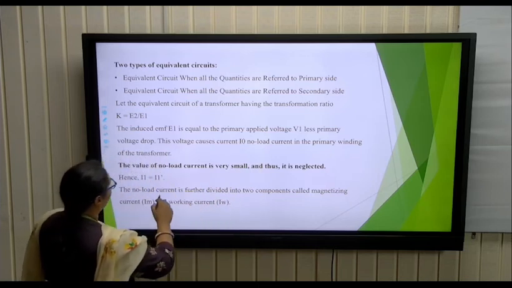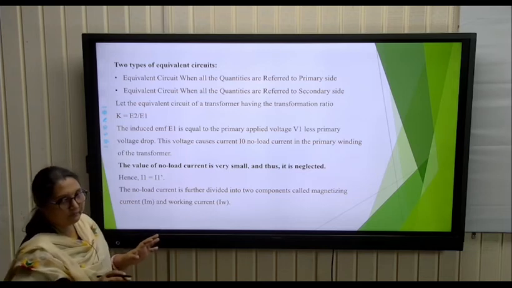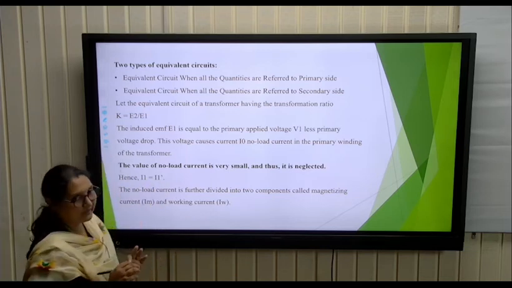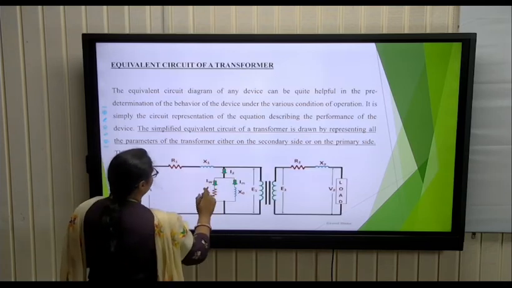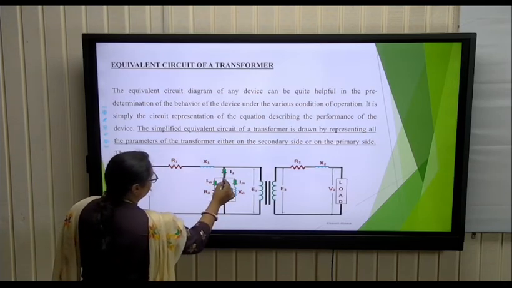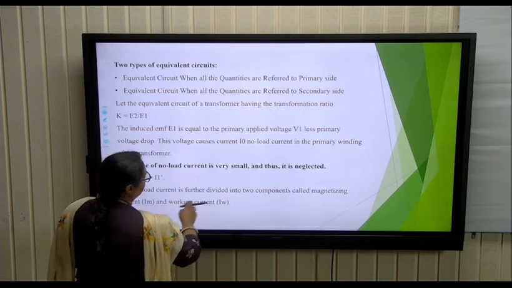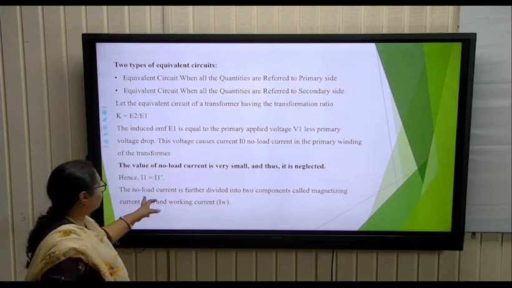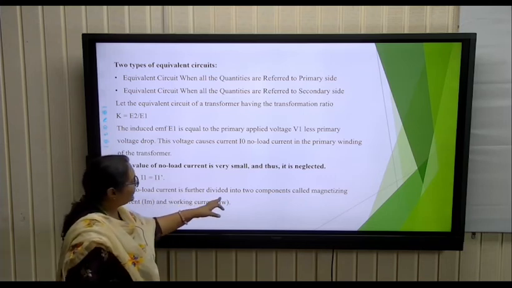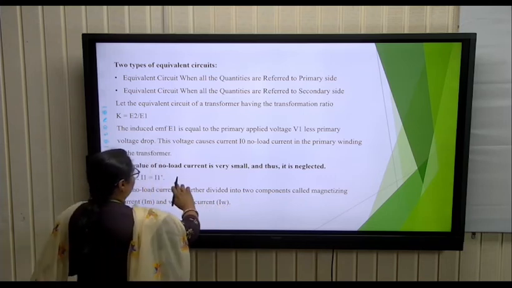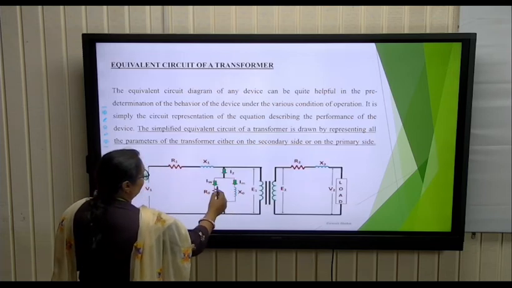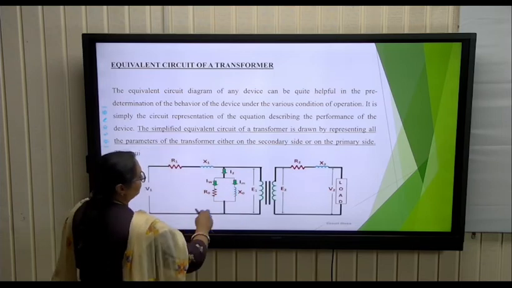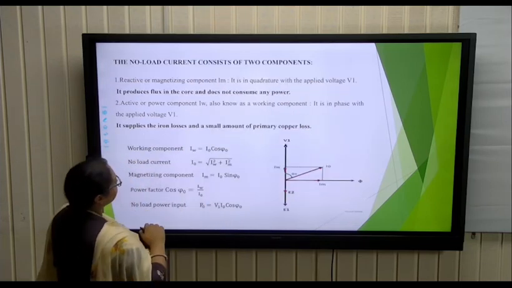So this no load current is generally very small and can be neglected, so I can write I1 is equal to I1 dash on this primary side. Here I can neglect this part, so I get I1 is equal to I1 dash, and this is the no load current, which is further divided into two components as you have seen here: the working flux component and the magnetizing flux component.